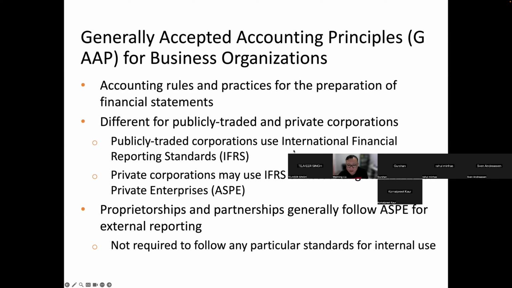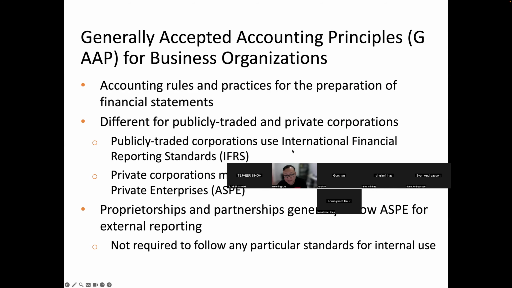When people prepare financial information, if one person goes one way and the other person another way, as an external user it's hard for me to compare the two financial statements, right? You cannot compare apples with oranges. The idea is we have to compare apples to apples for me to make a decision.